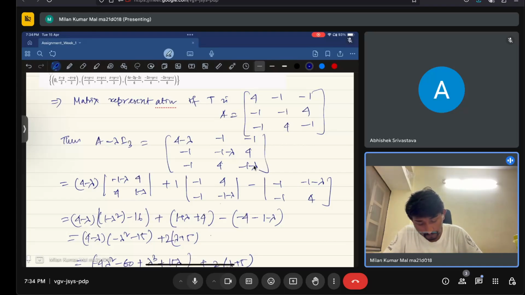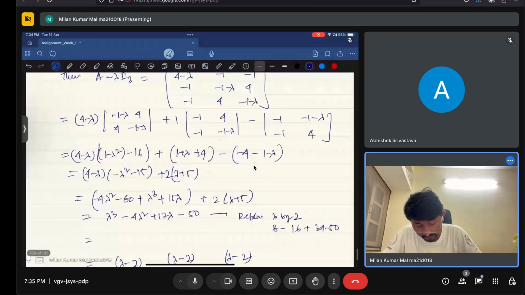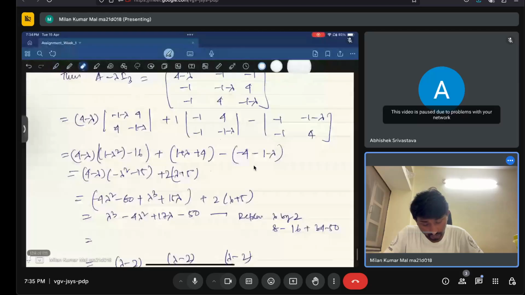So this will be 1 plus 2 lambda plus lambda squared. So this will be lambda squared plus 2 lambda minus 15. Okay, so then this whole equation will change.